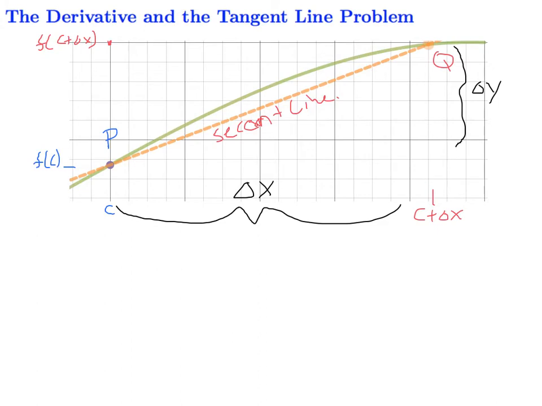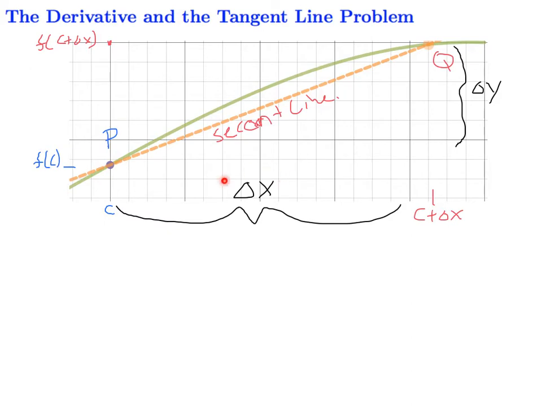Now, of course, the problem with computing the difference quotient for the secant line is that it's just an approximation. And what we want to do is get the best approximation. And so what we need to do is take this point Q over here and slide it on over so that it gets closer and closer to P so that we get a better approximation for the slope.